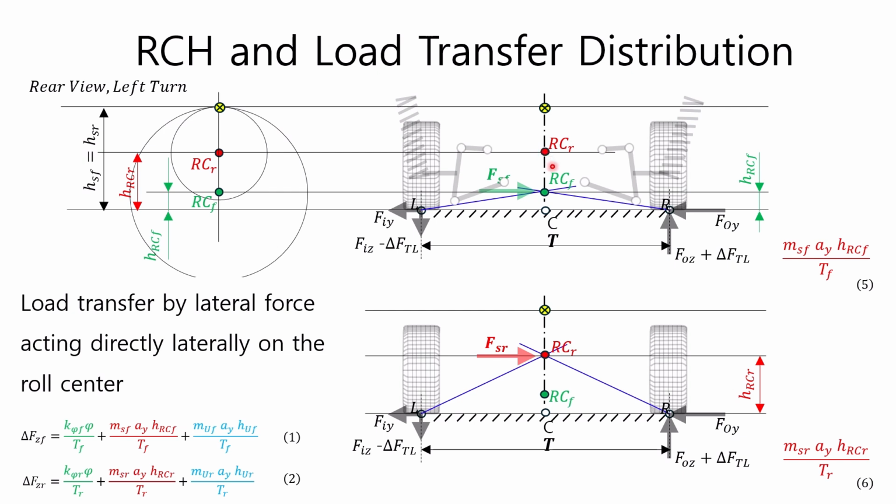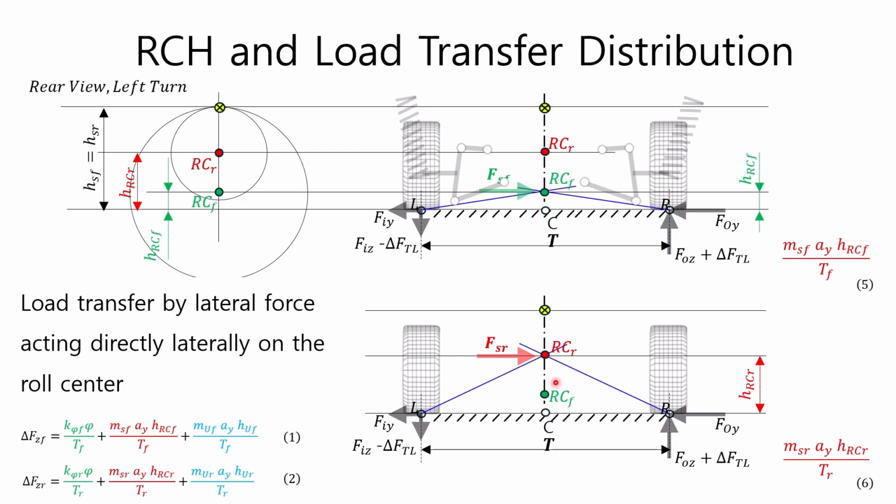The amount of load transferred through the links for the front suspension can be expressed by the second term of equation 1, equation 5, and the amount of load transferred through the links for the rear suspension can be expressed by the second term of equation 2, equation 6. As shown in equations 5 and 6, the amount of load transferred through the suspension links increases in proportion to the roll center height.